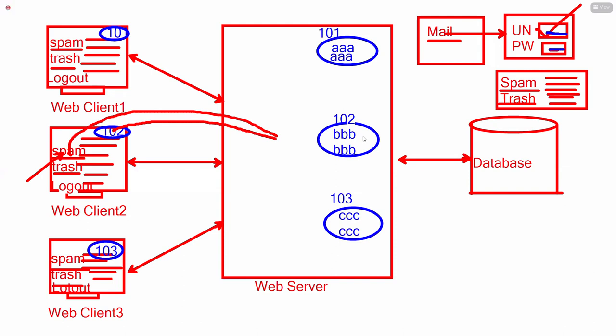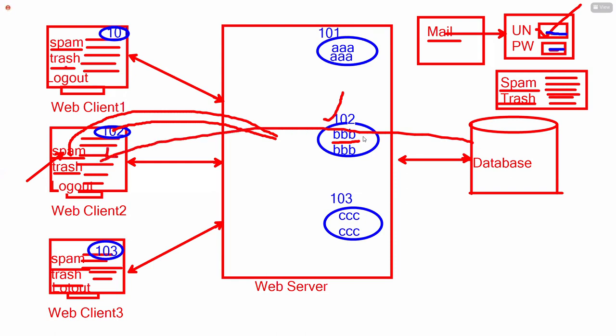You are clicking spam only, but with that request, 102 is automatically passed. When the server receives 102, it checks in the server whether 102 is running or not. It is there. Then the server will understand that the triple B user clicked. Then it sends the triple B spam box.